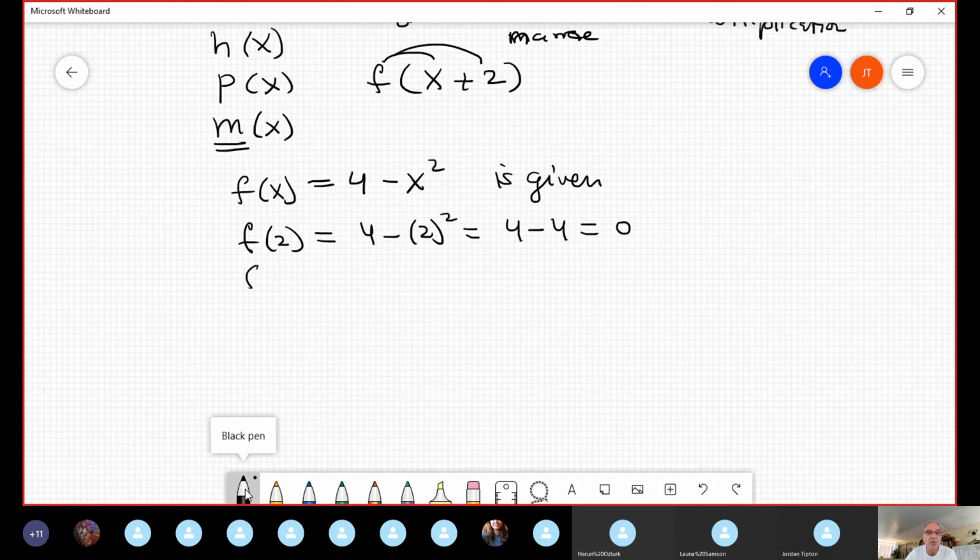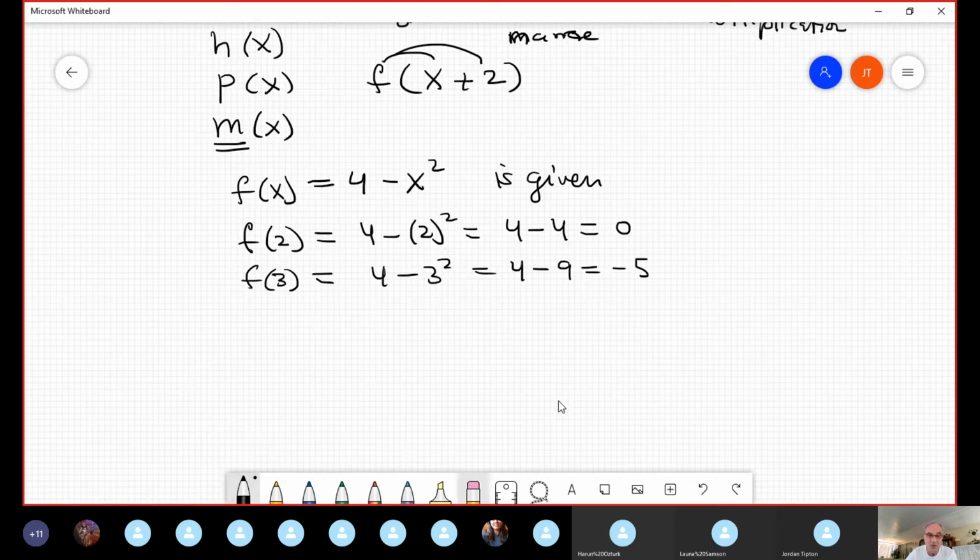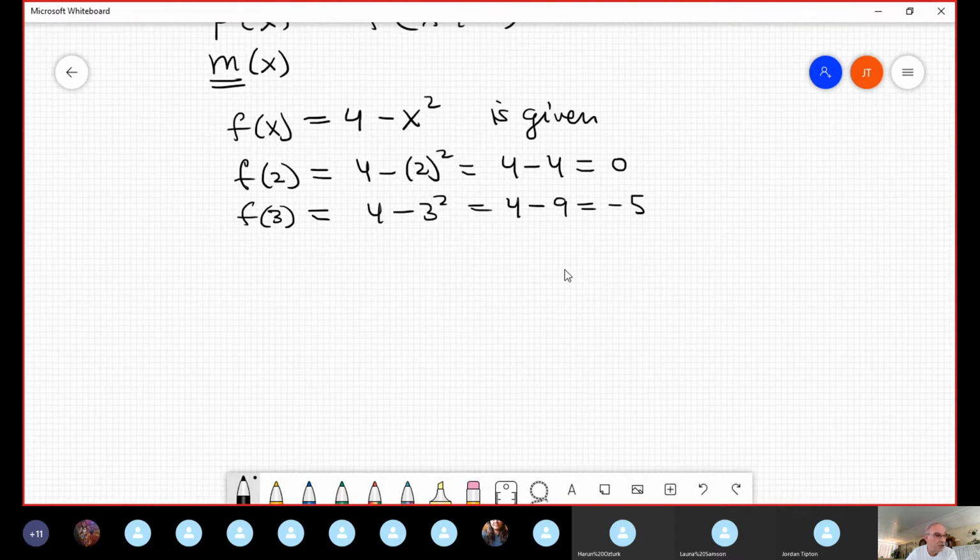So when you evaluate any number, suppose 3, 4 minus 3 squared, 4 minus 9, and negative 5. When you evaluate, you just replace the value inside the parenthesis for x in the expression. And that's it. But there is more because we can do transformations.